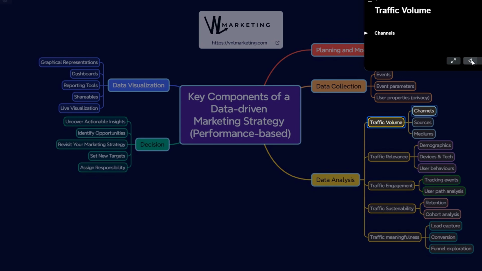Is it an organic channel? You may be running an SEO campaign, an organic search campaign. You may have your SEO ongoing, and as well you have your paid ads ongoing. You want to know which of your marketing efforts brought which traffic to your website.